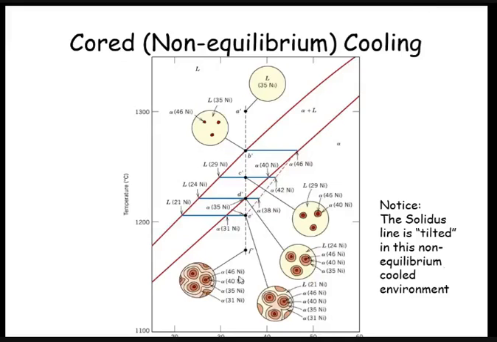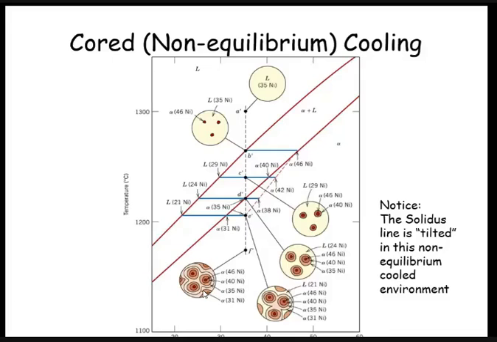You can see the composition of alpha varies from center to surface: at the center we have 46, then 40, then 35, then 31. So the composition of the solid continuously changes. As the location changes, the composition of the alloy also changes. So this is not a homogeneous alloy, this is a heterogeneous alloy.